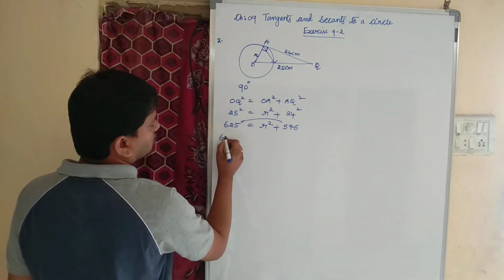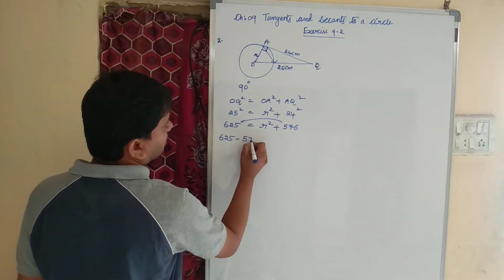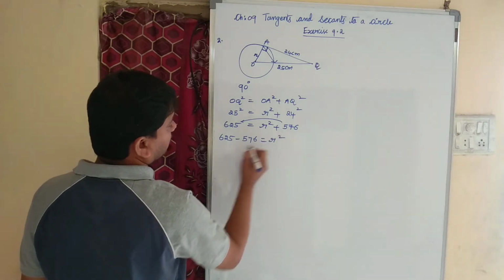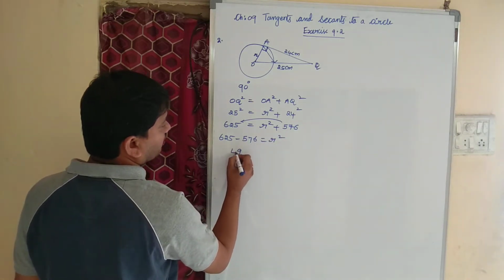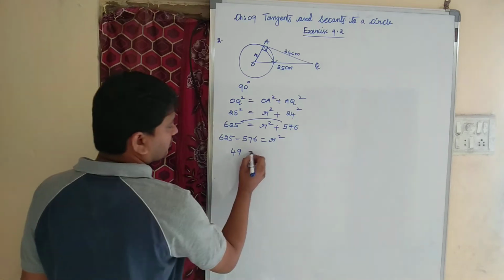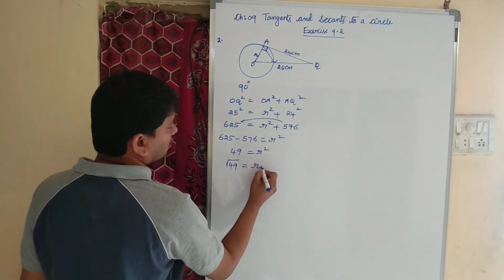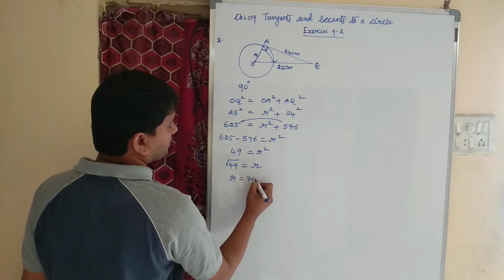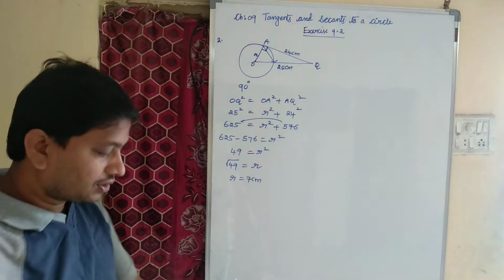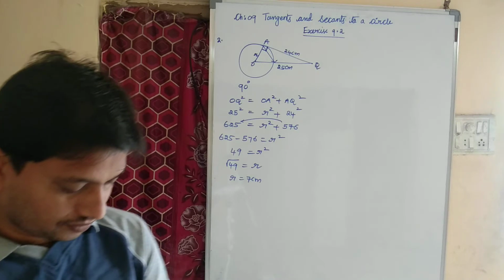Transpose. So 625 minus 576 equals R square. 15 minus 6 is 9, 11 minus 7 is 4. R square equals 49. The square you transpose, it becomes root. Therefore the radius is 7 centimeters. So what is the option? Here the option is A, right?